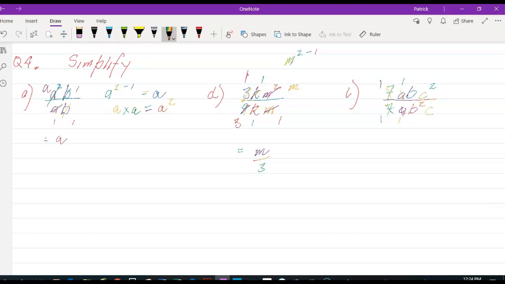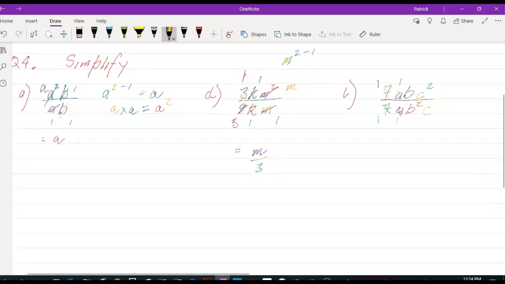So I'm left with B here on the bottom, and I'm left with C on the top. That cancels out, so what I've got is C over B.